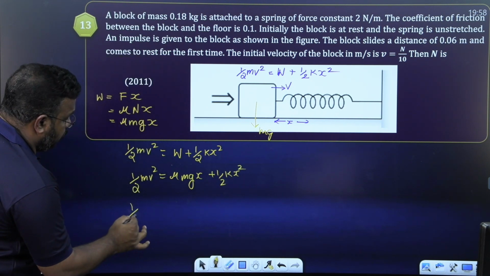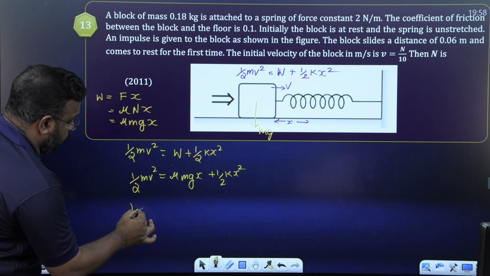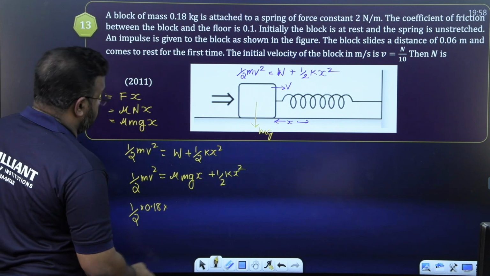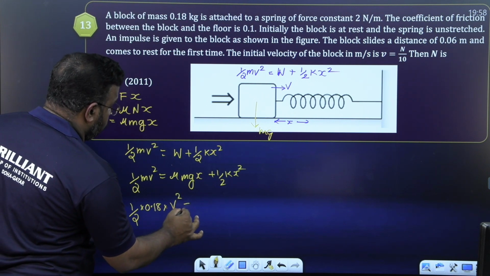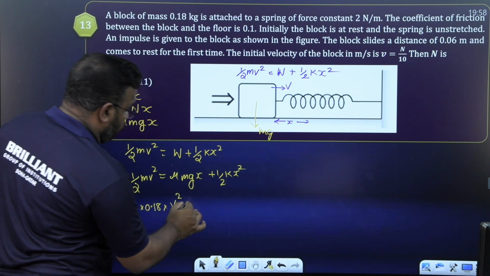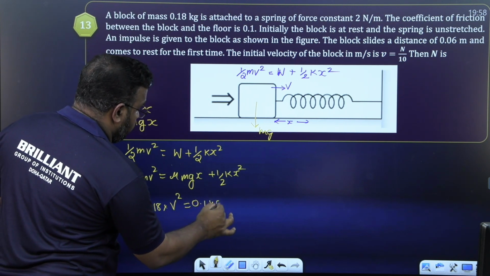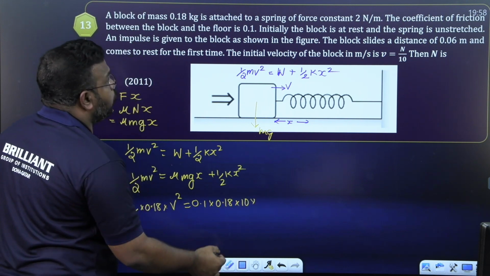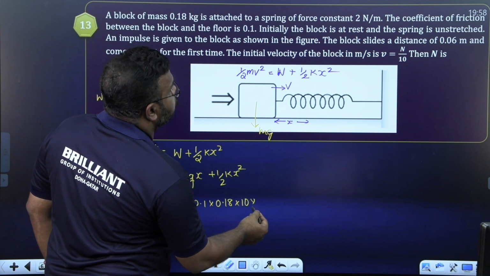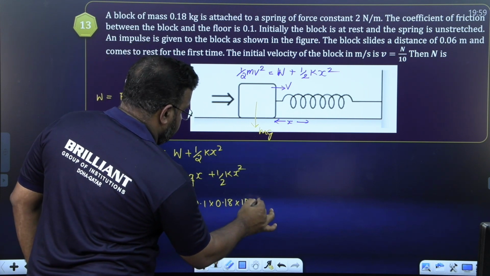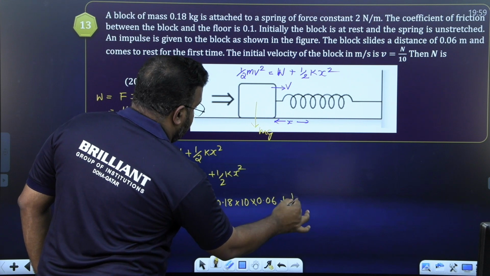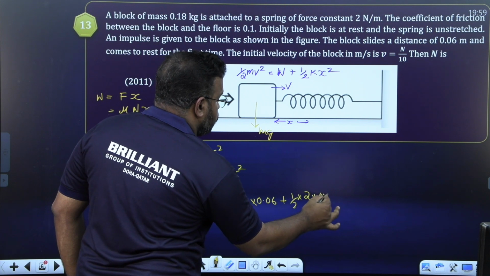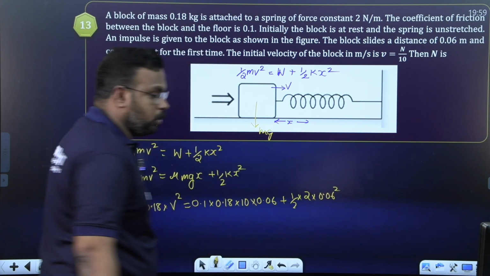So half into mass of the body is given 0.18 into V square, we don't know. V square is equal to RHS, mu value 0.1, mass is again 0.18, g is 10, x is 0.06, plus half into spring constant is 2, x is again 0.06 but x square, so 0.06 square.